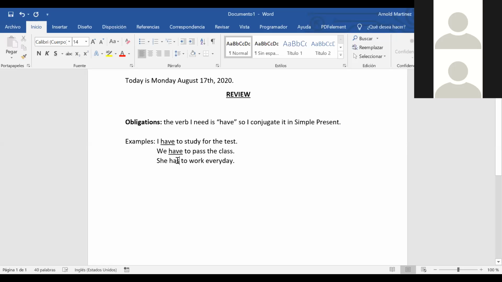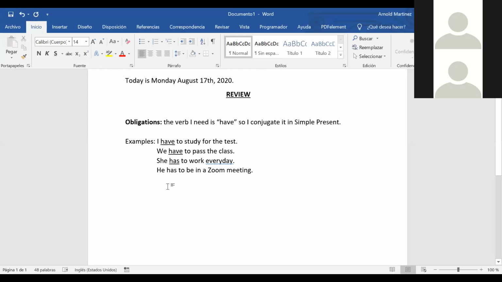So this is the conjugation of the verb have for the person she. Another one: he has to be in a Zoom meeting. Okay, that's right. That's perfect.